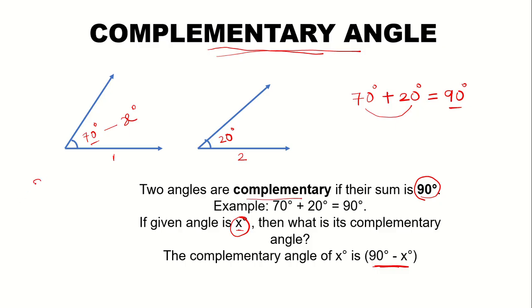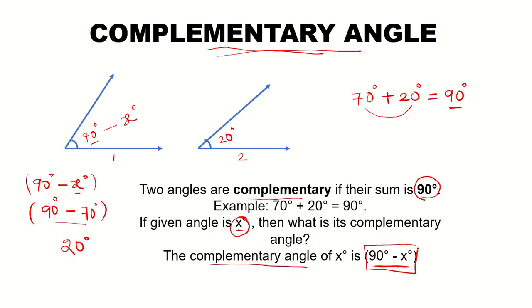You will find it by an equation, that is 90 degrees minus x degrees. So, 90 degrees minus 70 degrees, x is 70 degrees. Right? 90 degrees minus 70 is how much? 20 degrees. So, whenever an angle x degrees is given, you will find its complementary angle by 90 degrees minus x degrees. So, this was the very first type of pair of angle, that is complementary angle.